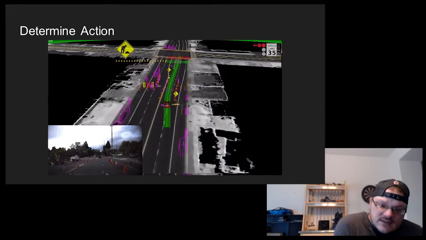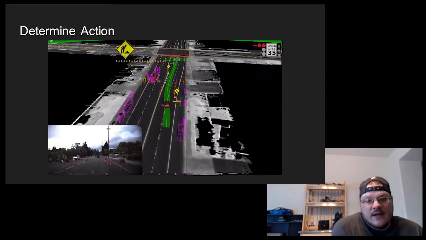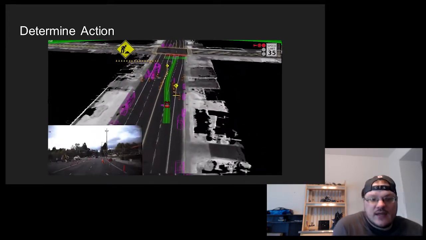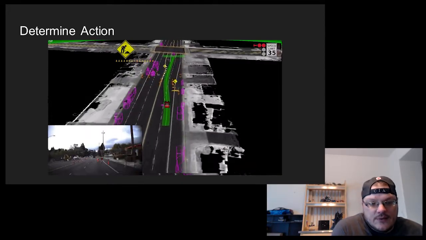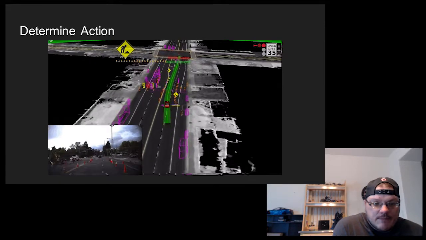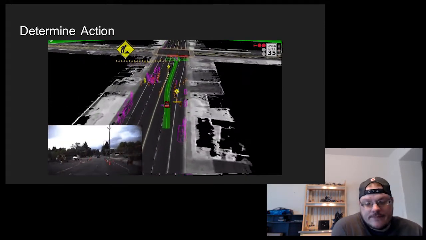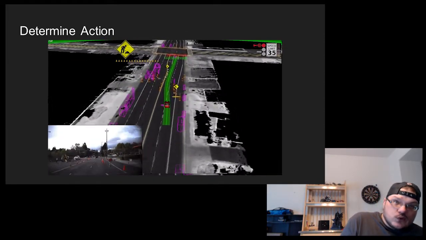But what if this is a construction site? Just like this animation. What if there's a construction worker that's controlling traffic and they have a stop sign? Do we detect that and stop for that given scenario? I believe they do. So, you have to build rules.